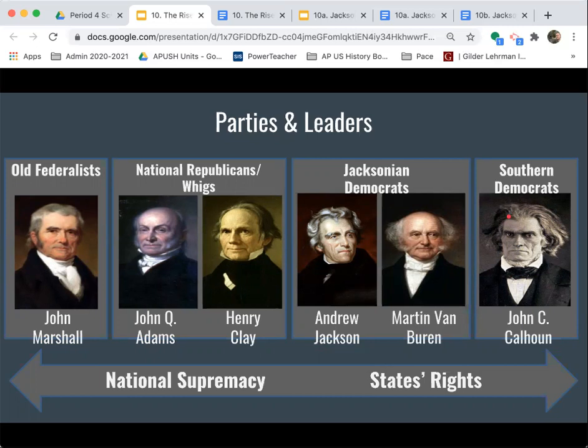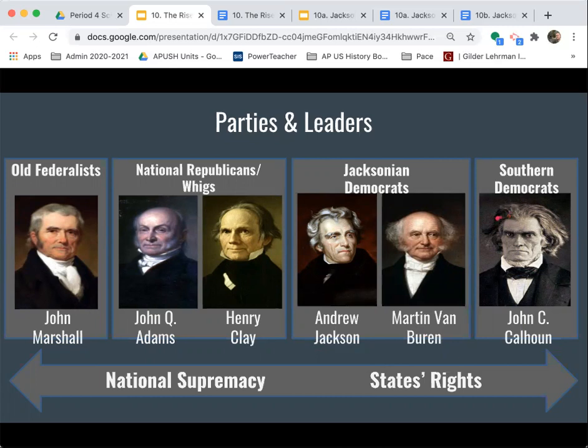We have the Jacksonian Democrats who prefer more states' rights, like Andrew Jackson and Martin Van Buren. And on the farthest side, ultimate states' rights, pro-nullification, like we saw with the Virginia-Kentucky resolutions, are people like John C. Calhoun, who I argue is quite possibly the ugliest man in American political history. Because look at that guy. Look at that guy. You'd be angry too if you looked like that.